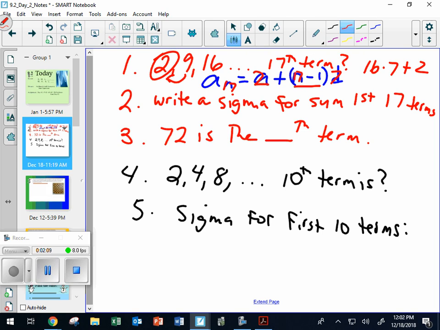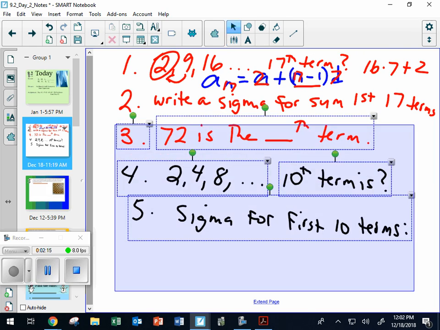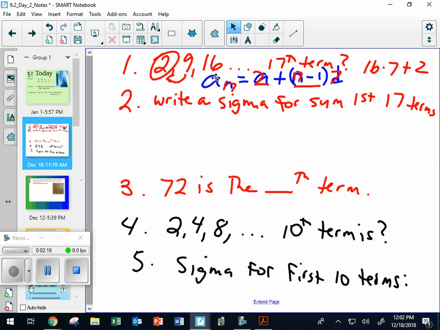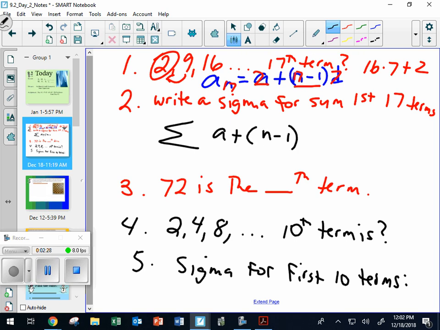Awesome. Okay. A sigma. Here's the sigma. I'm going to slide this down so you can still see the questions, but I have some room. Sigma. And I always just use the formula again. That's one of the reasons the formula is so powerful. And what's my A?